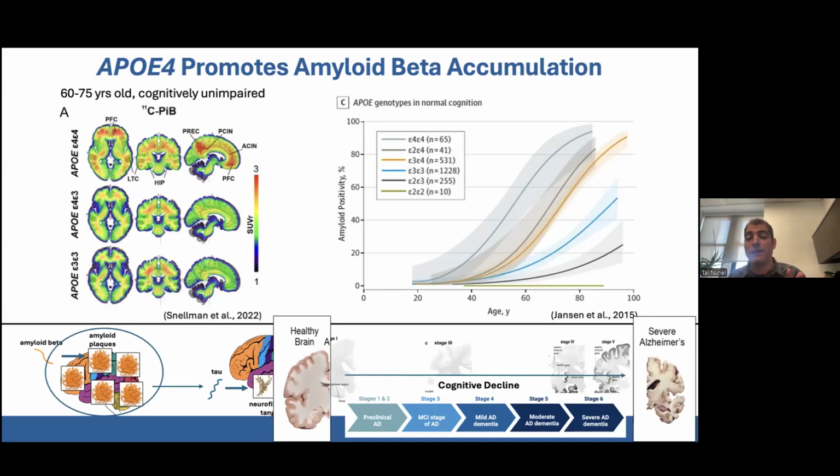APOE4 can have subtle effects on tau and subtle effects on atrophy, but for the most part, on average, an individual with Alzheimer's disease who has APOE4 versus doesn't declines at a similar rate. It's just that they get Alzheimer's earlier, probably because the timeline gets sped up because of APOE4 and amyloid.